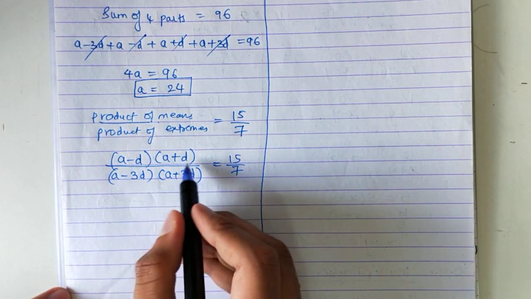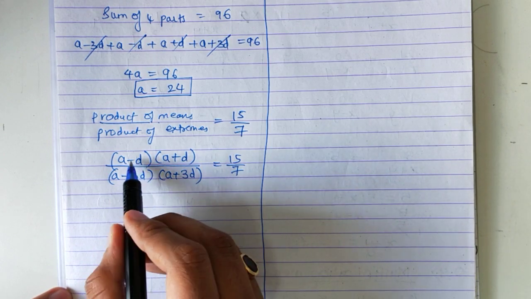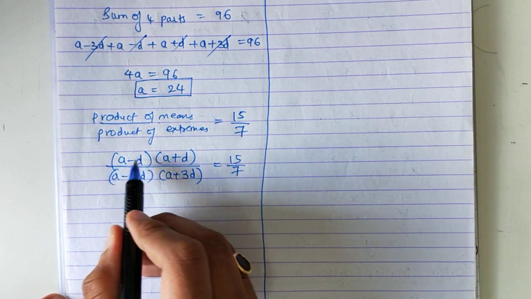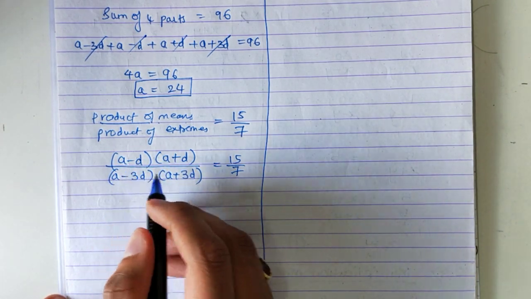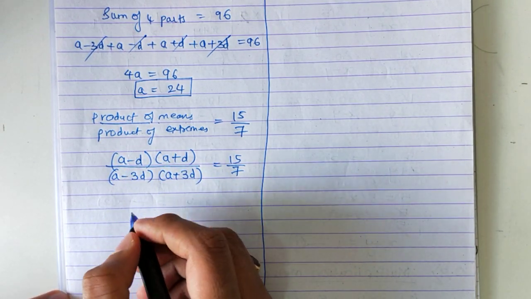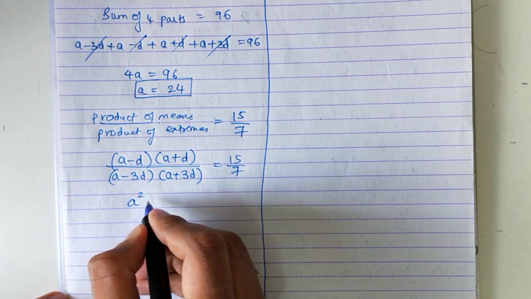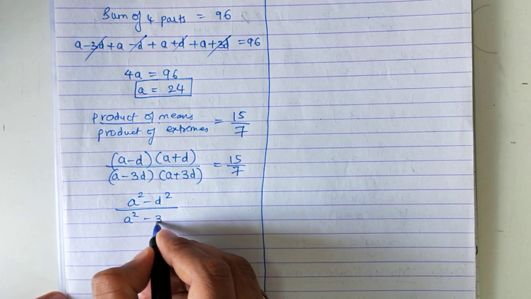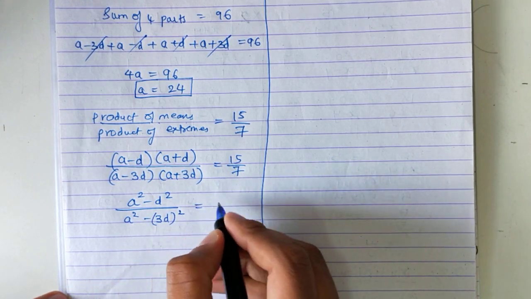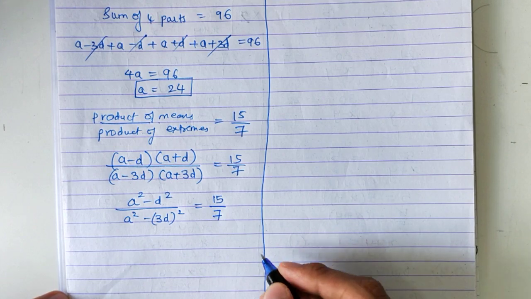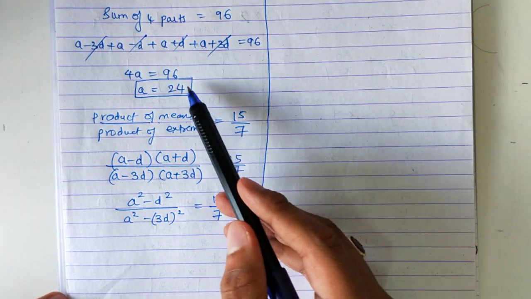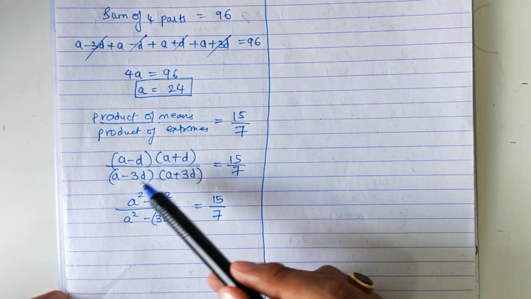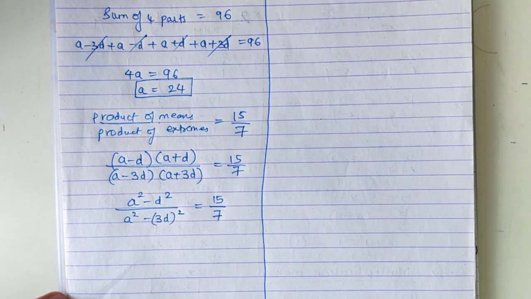So now here if you observe, this is the formula a minus b, a plus b. Okay, a minus b, a plus b means it will become a square minus b square, correct? So this will be a square minus d square upon a square minus 3d square equals 15 upon 7. But we know that a is 24. Here in this equation we can put a as 24.